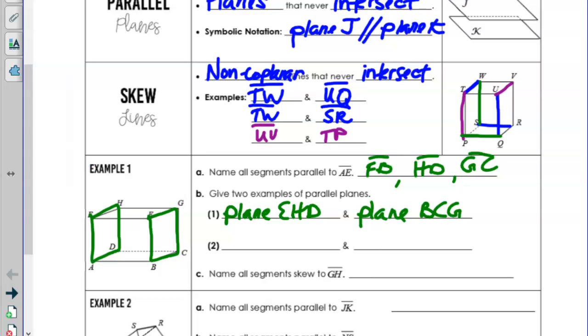How about another pair of parallel planes? Kiki? A, B, C, E, F, G. Very good. So we would say plane ABC and plane EFG. There's one more set in there. What would the other set be? EHGF.